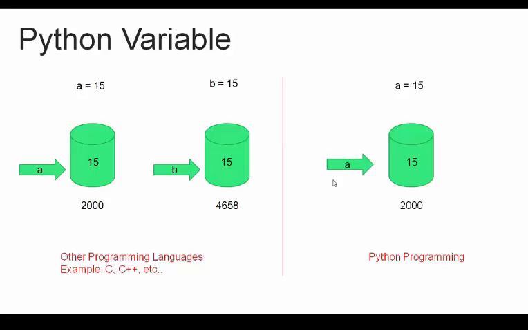If it is there, then the scenario would be different. But let's assume there is no memory allocated for the value 15, which means it will create a separate memory slot, store the value 15, and now a references that address. In our example, we have taken the address 2000, so a references 2000.